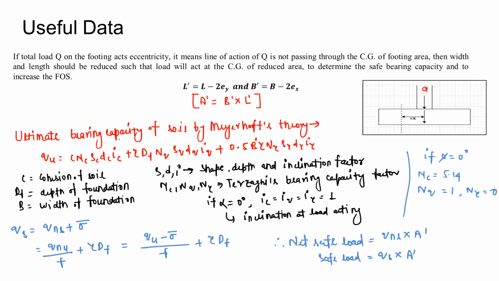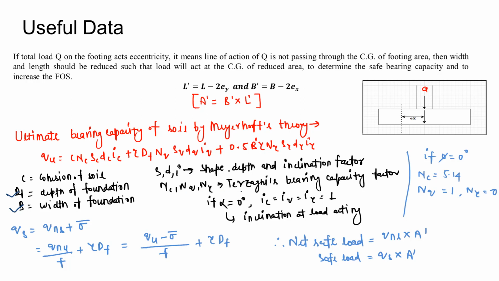Here we will be using another equation from Meyerhof's theory to compute the ultimate bearing capacity, which is c Nc Sc Dc Ic plus gamma Df Nq Sq Dq and Iq plus 0.5 B dash gamma N gamma S gamma D gamma and I gamma, where c is the cohesion of the soil, Df is the depth of foundation, B is the width of the foundation, and S, D and I are shape, depth and inclination factors for Meyerhof's theory.